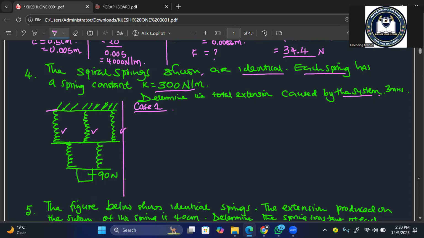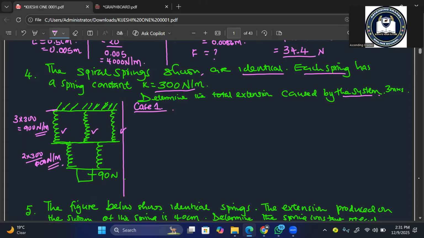So we shall be having 3 times 300. We get 900 Newton per meter. That will be the combined spring constant at the upper part. And at the lower part, we shall be having 2 times 300. And this one will be 600 Newton per meter.